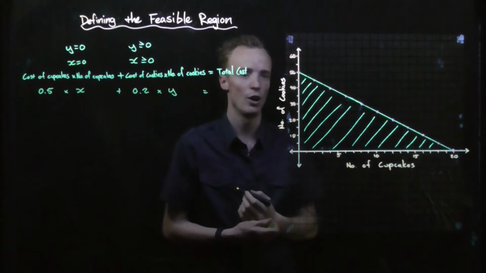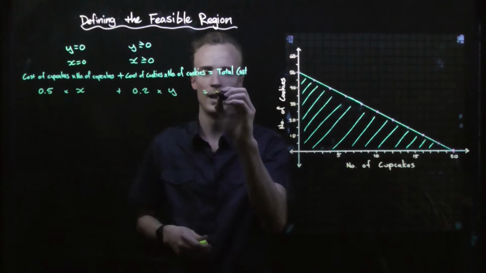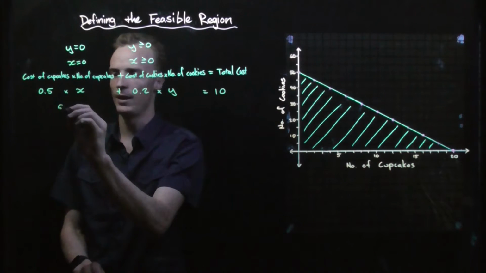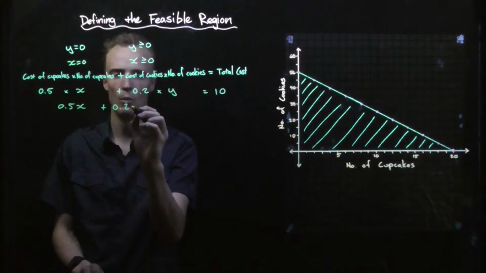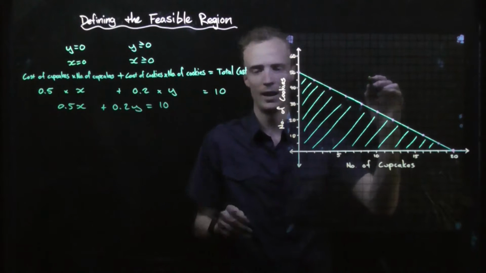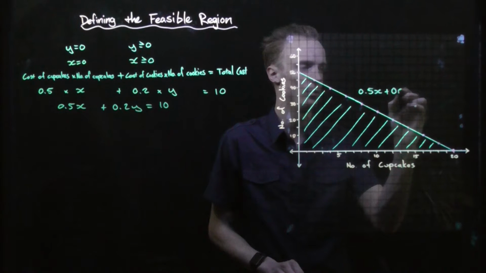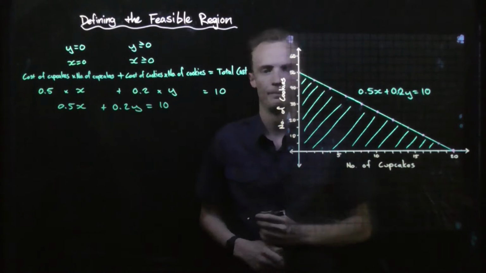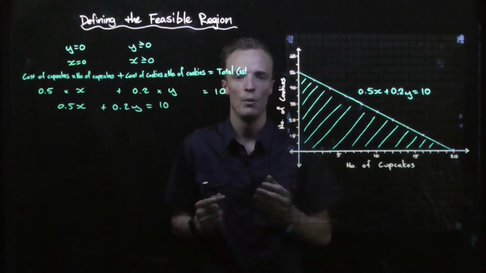That was equal to the total cost, and this line used our entire budget, which was $10. So when we simplify that down, this is going to be 0.5x plus 0.2y is equal to 10. And that represents our line here, which is 0.5x plus 0.2y is equal to 10.